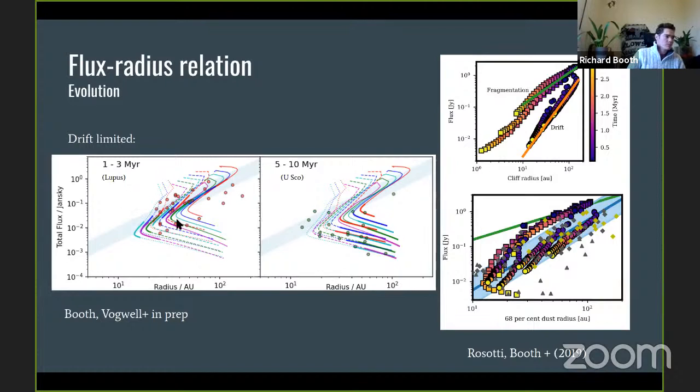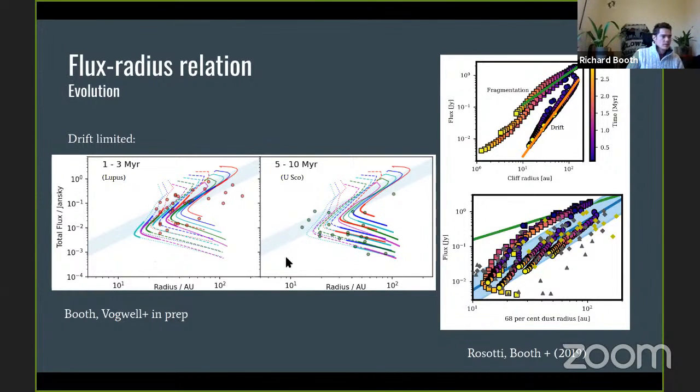So the models do a reasonable job of explaining essentially where the data sits in these planes at both 1 to 3 million years and 5 to 10 million years. And again, these are the radial drift dominated ones. However, the solid parts, the thick parts of these lines are the regions of these curves. So this is a track in disk evolution space. A single disk moves through the space like this.